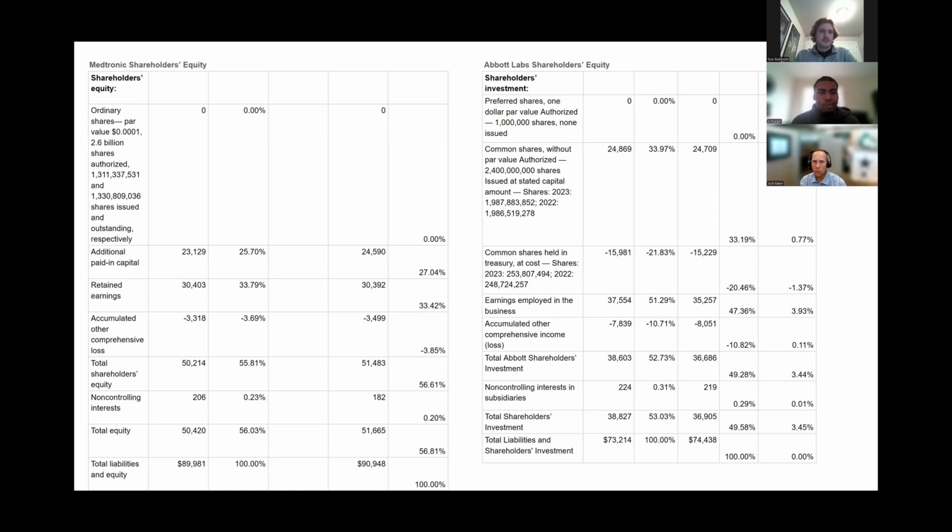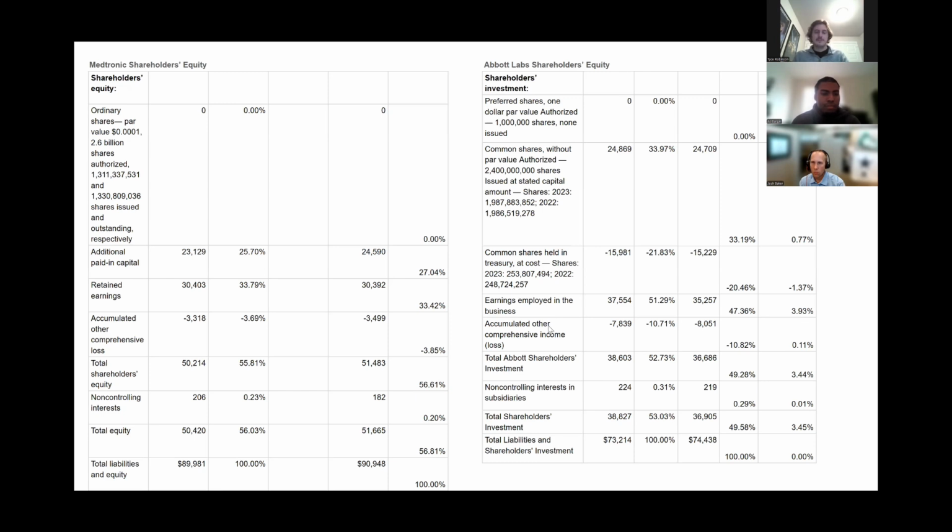Shareholders' equity, like I said, they're both doing really good reporting on their shareholders' equity. They both have total equity. So these totals down here, while they're named differently, they do mean the same thing. Medtronic had more liabilities and equity compared to Abbott Labs, with 89 billion, while Abbott had 73 billion.